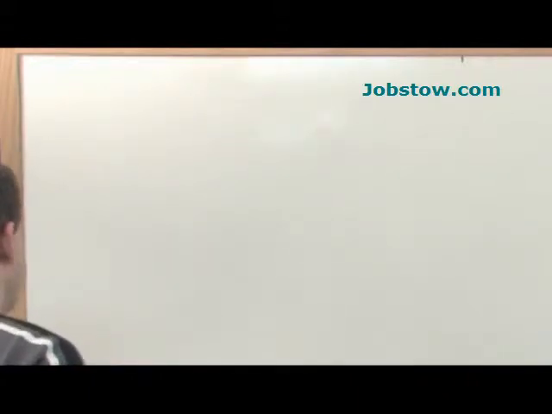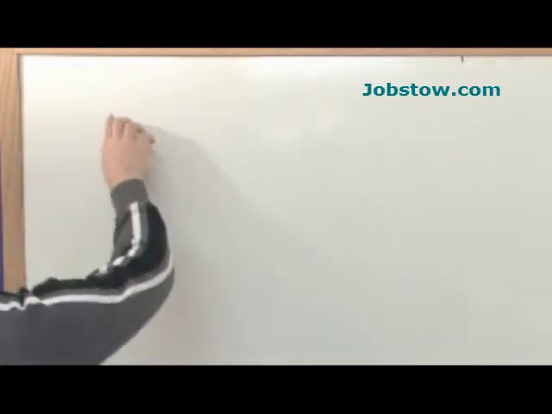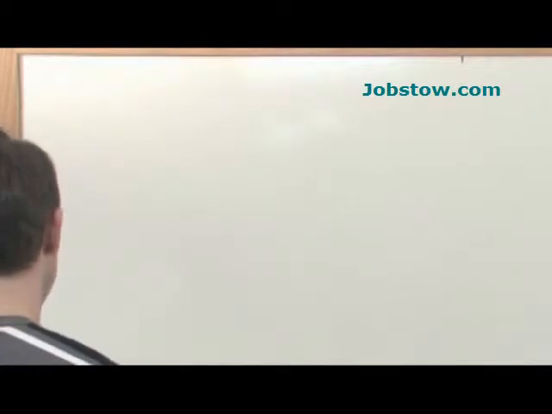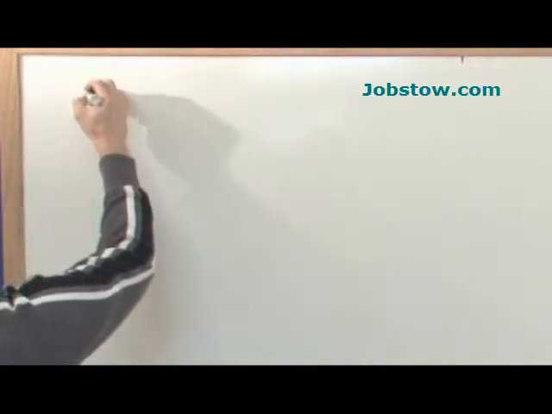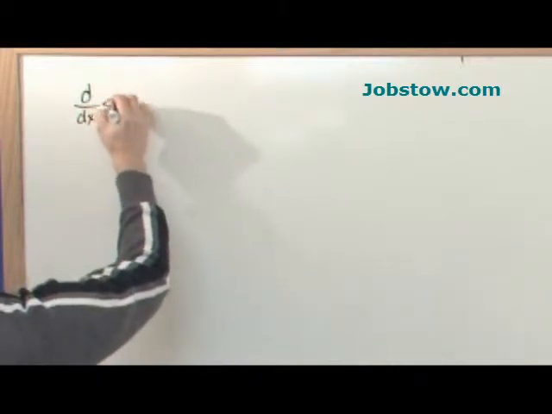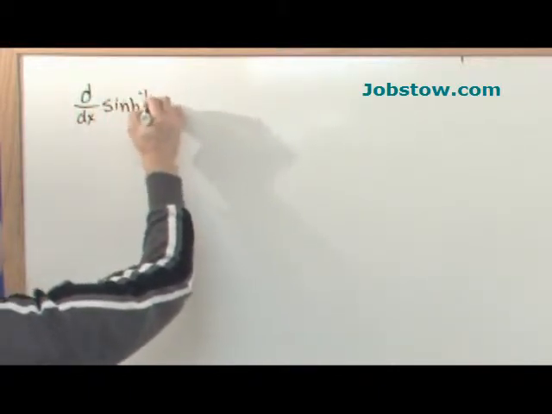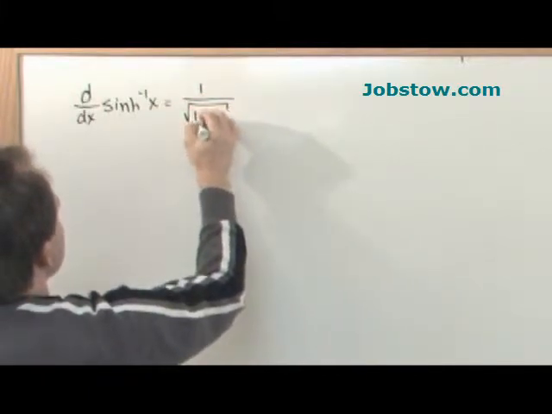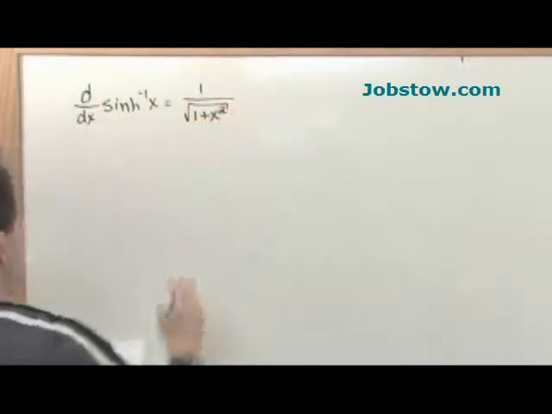Now what we're going to do is go ahead and, I'm not going to prove them or derive them, I'm just going to write them down, the derivatives of these inverse hyperbolics, and then we're going to use them to solve some problems. The derivative of the inverse hyperbolic sine is equal to 1 over the square root of 1 plus x squared.